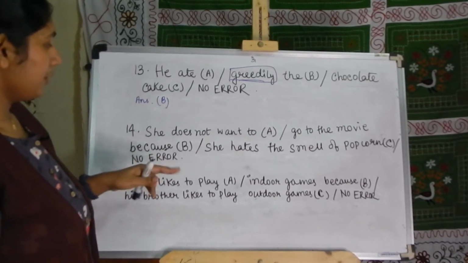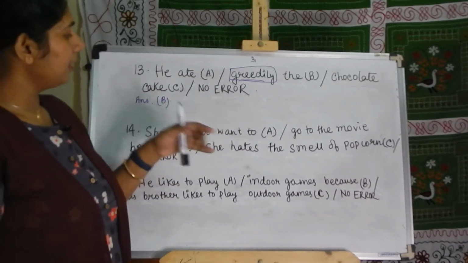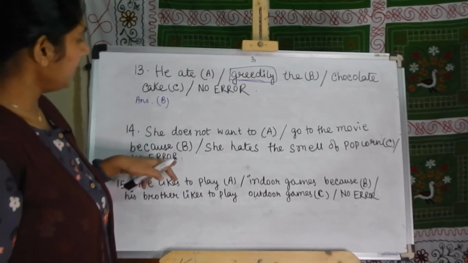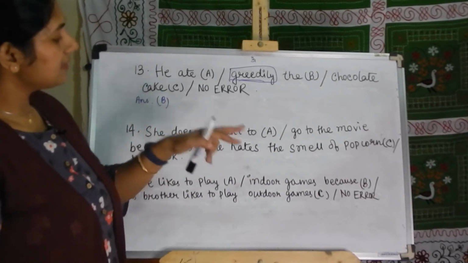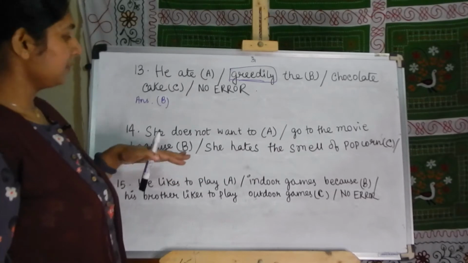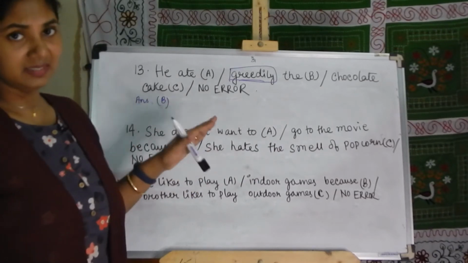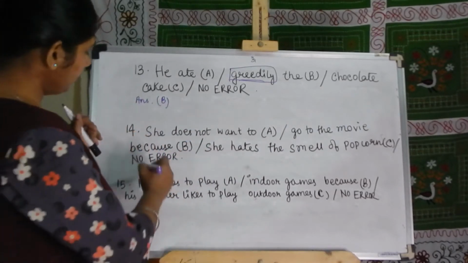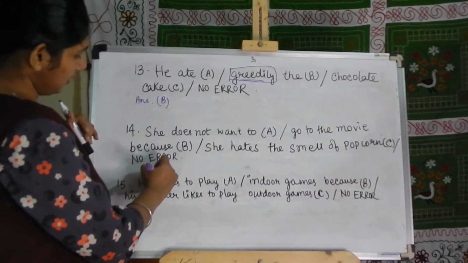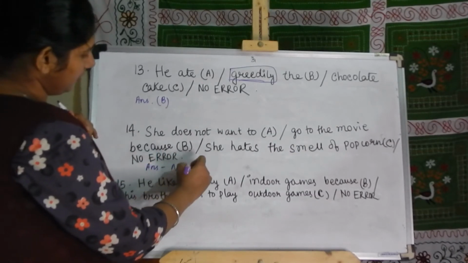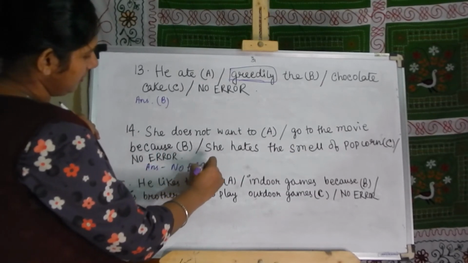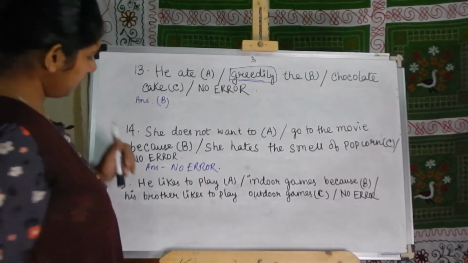Question number 14. She does not want to go to the movie because she hates the smell of popcorn. This particular sentence doesn't contain any error, so it's no error. You have to write.